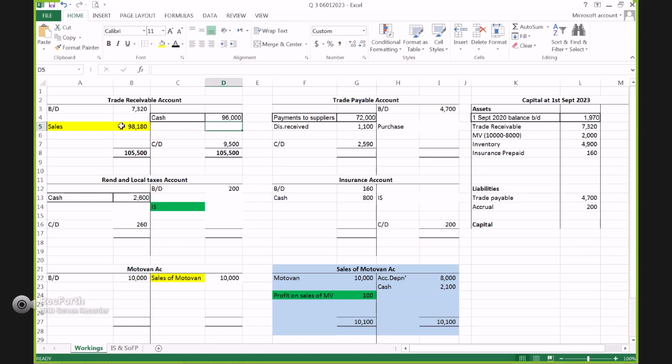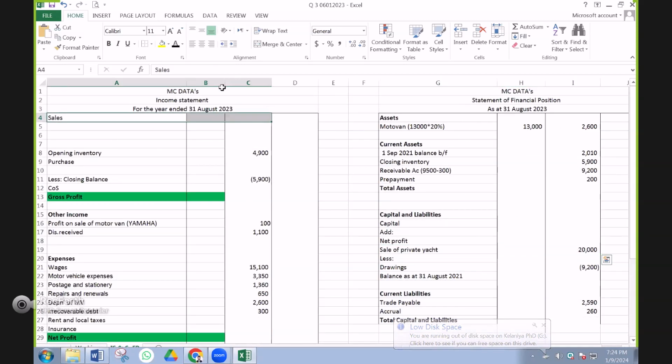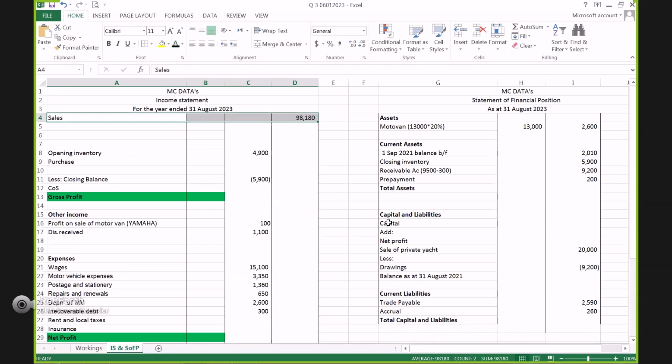Now we will find out the balancing figure. Here the balancing figure in the debit side is called sales. If you are balancing, credit side is the highest, 105,500. So in the debit side also transfer 105,500. The sales is the balance amount, 98,108. So sales is transferred to the income statement, sales 98,108. Okay.